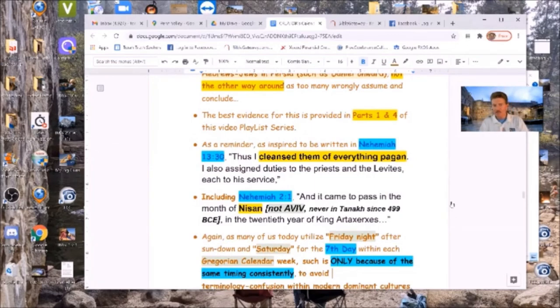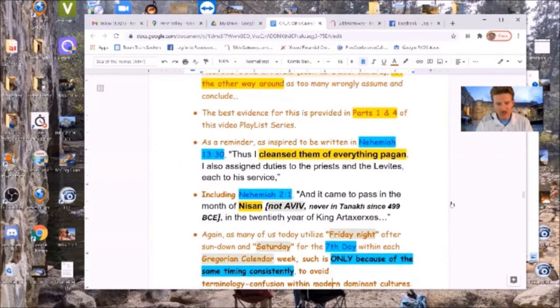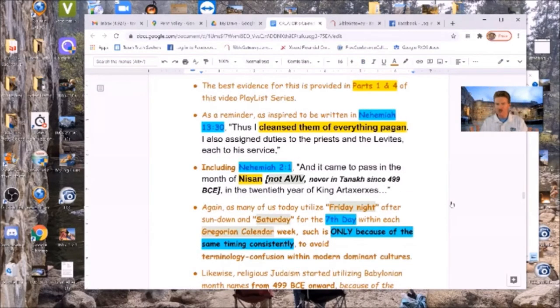Again, as many of us today utilize Friday night after sundown and Saturday until sunset for the 7th day within each Gregorian calendar, we use those Gregorian names. The only reason I propose this is the same timing and consistency, to avoid terminology confusion within the modern dominant cultures that we have to live in.